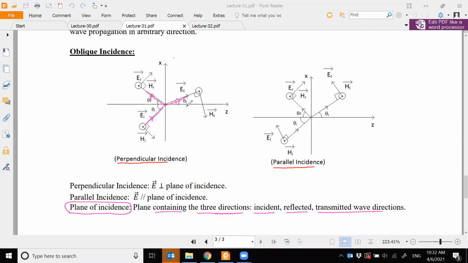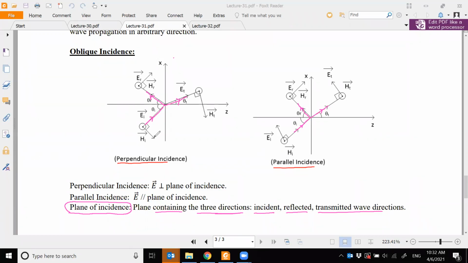An XZ plane. In the XZ plane, right? Which is nothing but our screen, because all these three directions reside in this plane, our XZ plane. So XZ plane is called the plane of incidence for this case. And here also, XZ is the plane of incidence, because this is our incident, this is our reflected, and this is our transmitted.